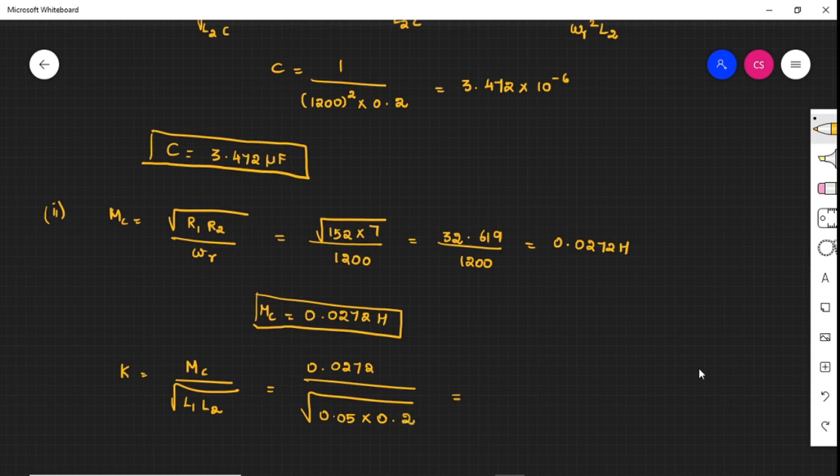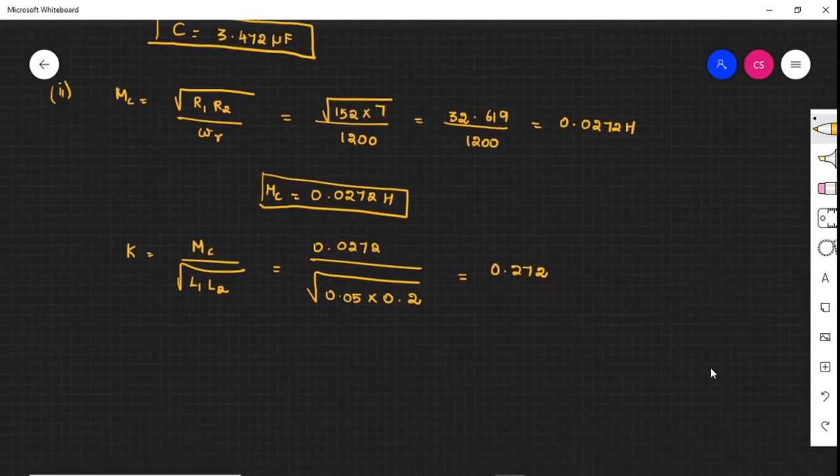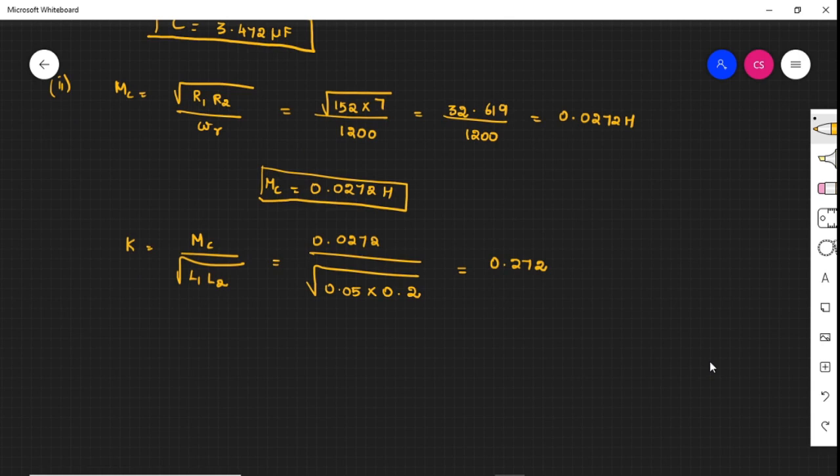So the value of the coefficient of coupling is 0.272. This does not have any units. It just tells us the degree to which the primary and secondary coils are connected. So Kc is equal to 0.272.